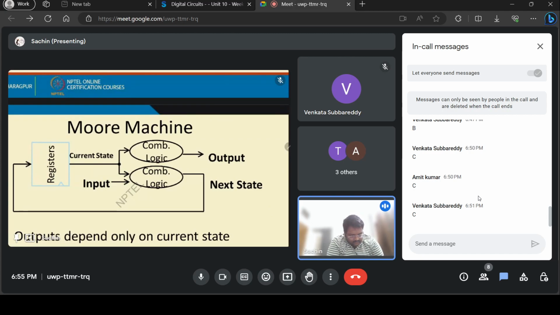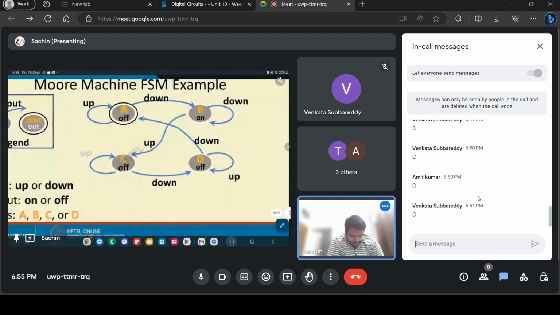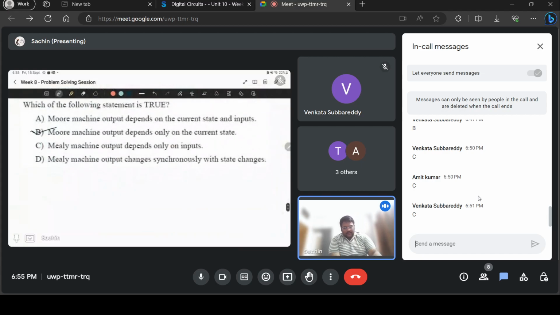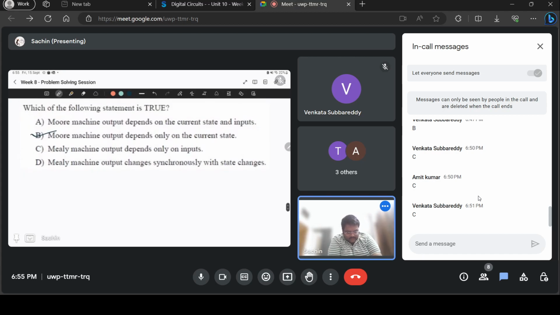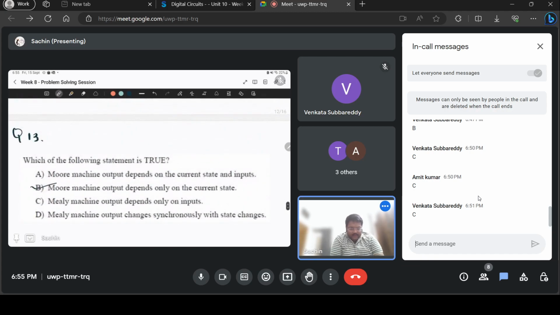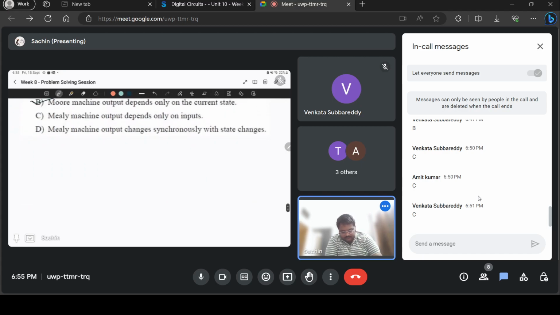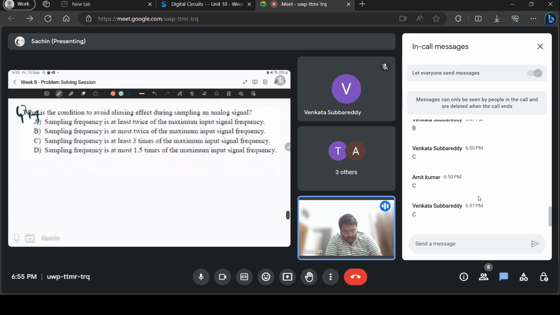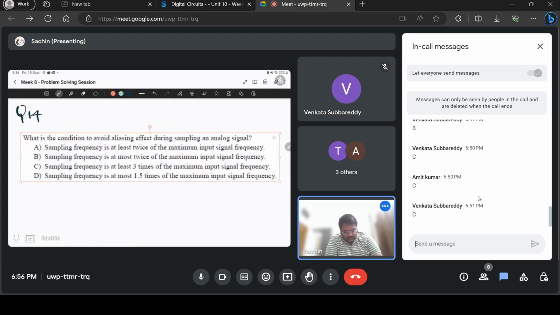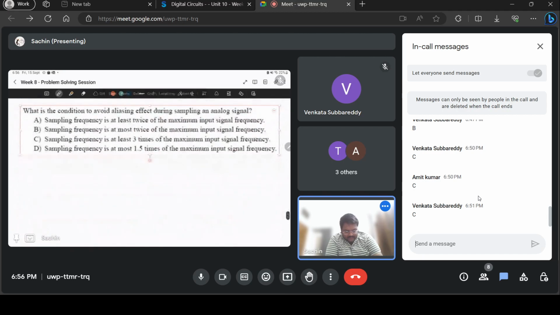The state itself depends on the input and the previous state. So it's option B. Okay, don't get confused in this. Maybe you would like to go back and read the lecture notes once again if you have forgotten. Okay, it's fine. I also sometimes forget, so I have to go back and check the notes.